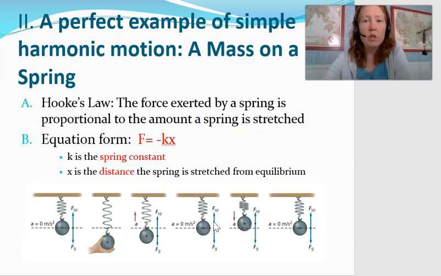Okay, so one of the examples of simple harmonic motion is a mass bouncing on a spring. It can bounce up and down or side to side.